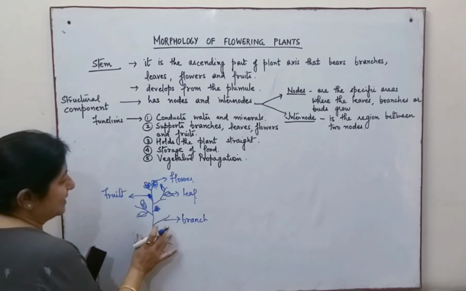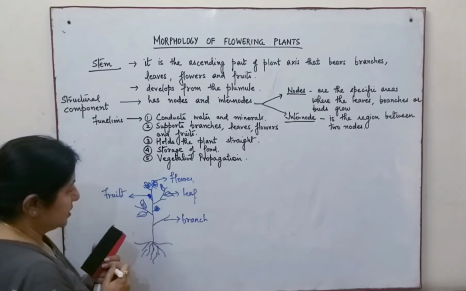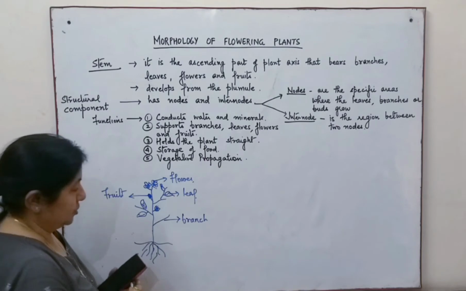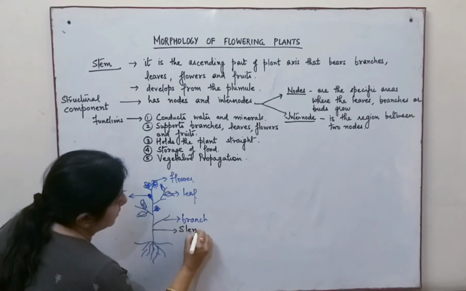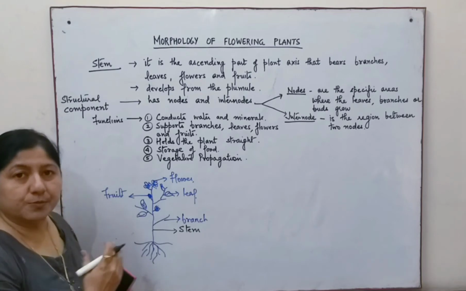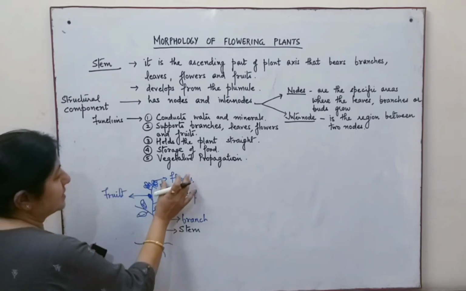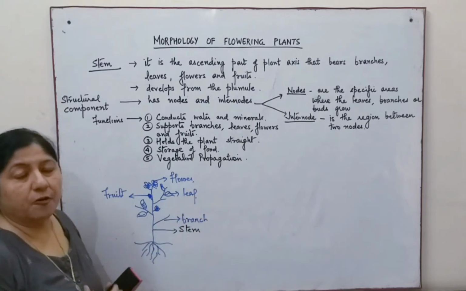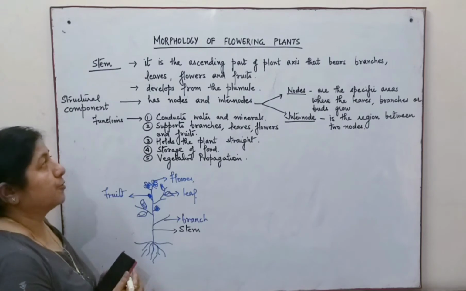So we find that the stem is the portion which is bearing all these structures, which in turn perform various important functions. As we move along with the topics, you will come to realize that each of them is performing a complex function which helps in sustaining the plant body.